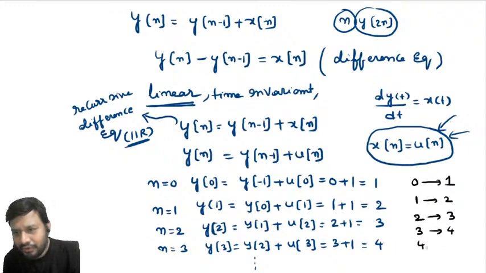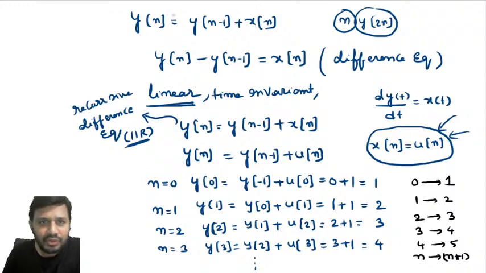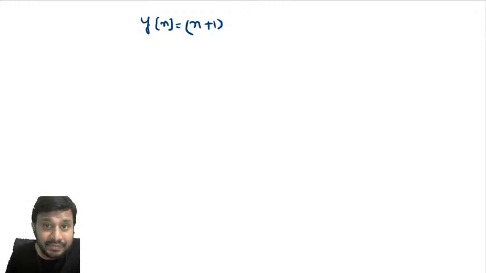For n is equal to 4, output will be 5. In general, if I substitute n, what will come? n plus 1 will come. Yes or no? So I can write the output as y of n is n plus 1.